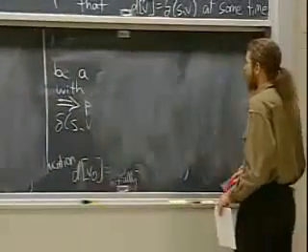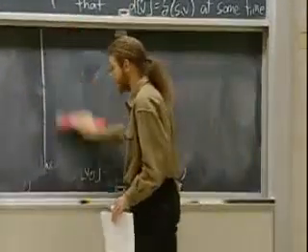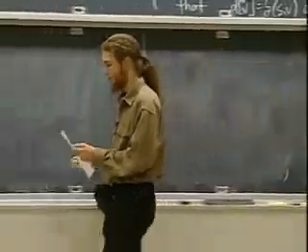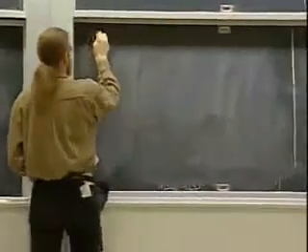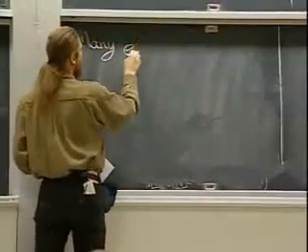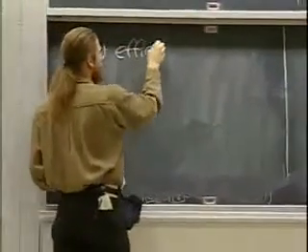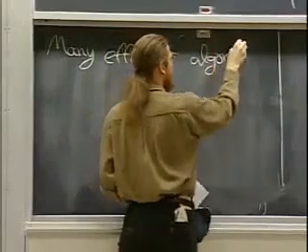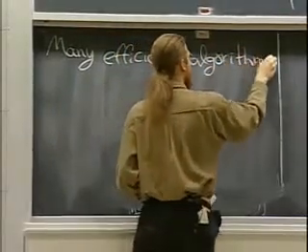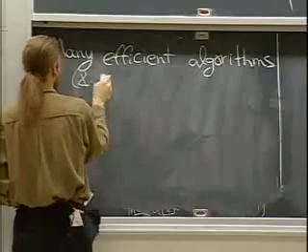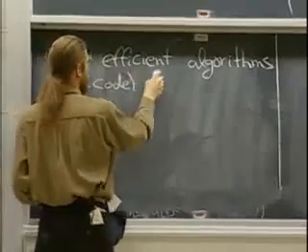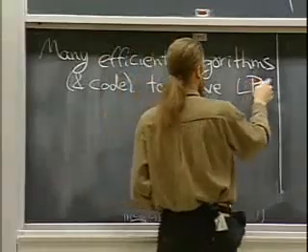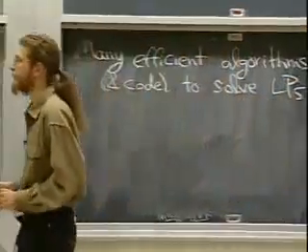And in this class, we will not cover any algorithms for solving linear programming. It's a bit tricky. I'll just mention that they're out there. There are many efficient algorithms and lots of code that does this. It's a very practical setup. So there are lots of algorithms to solve LPs, linear programs.